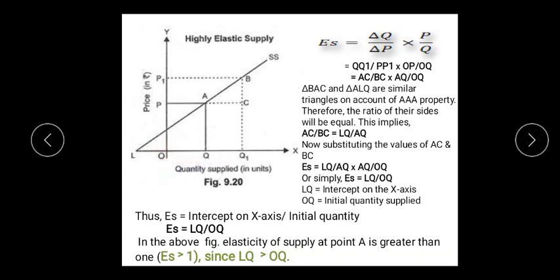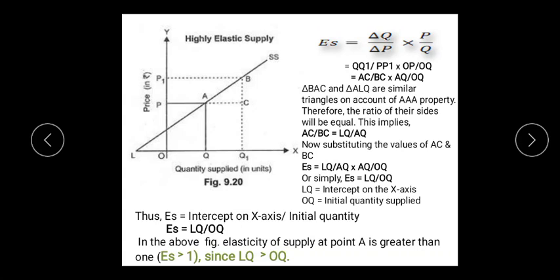So del Q is equal to QQ1, del P is equal to PP1, P, that is initial price, is equal to OP, and Q, that is initial quantity supplied, is equal to OQ.